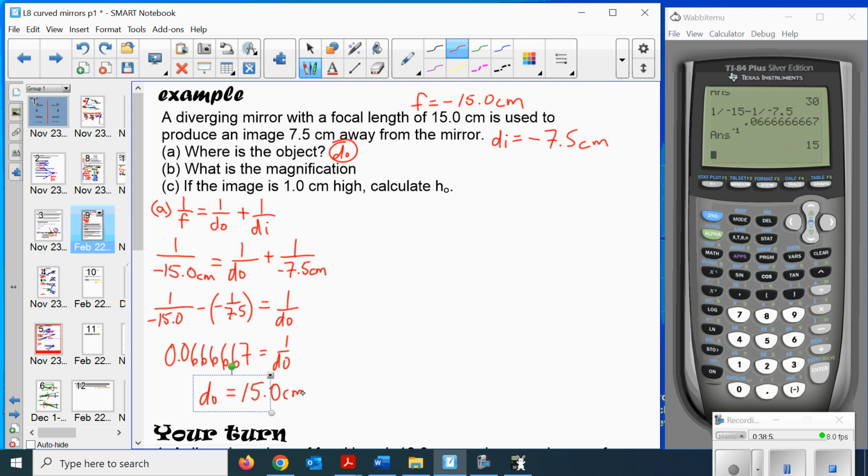What's the magnification? M is equal to negative DI over DO. Now my DI was negative, built into the formula, so I'm going to use my negative 7.5 centimeters and my DO I just found.